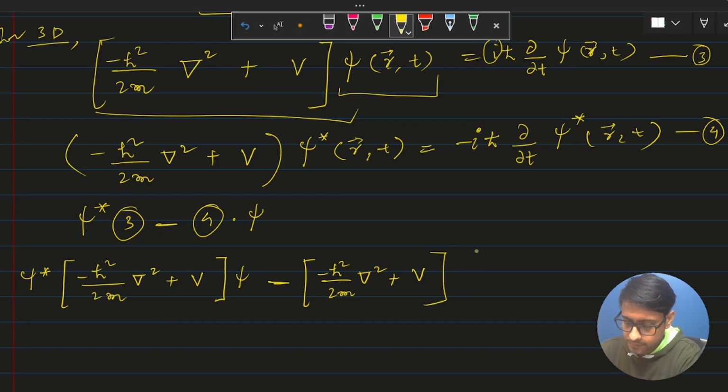and then psi. I think psi asterisk was already there, so we have to write it like this. Better, we can apply psi to both the terms and then multiply.